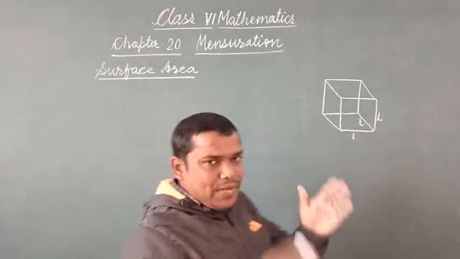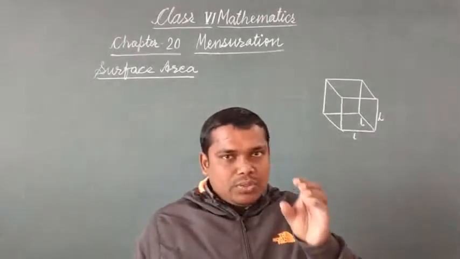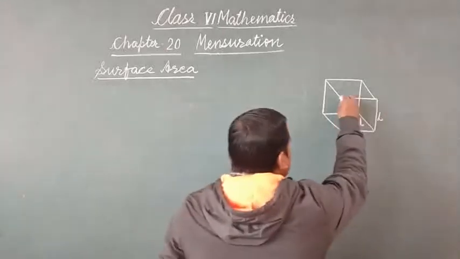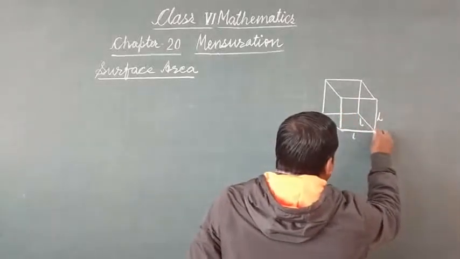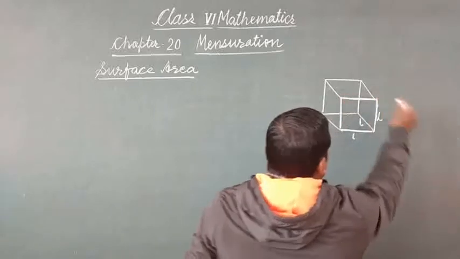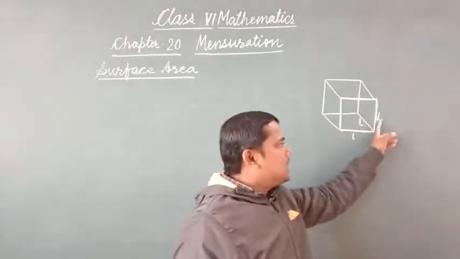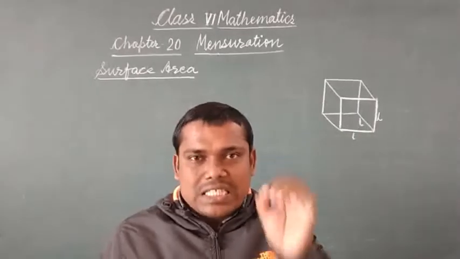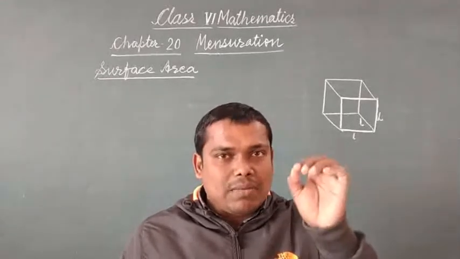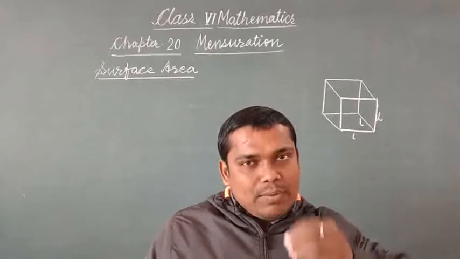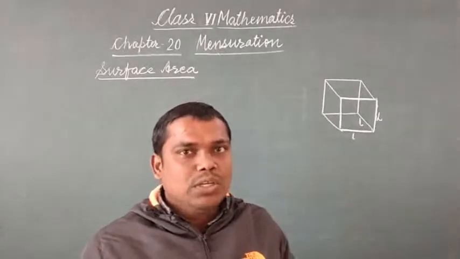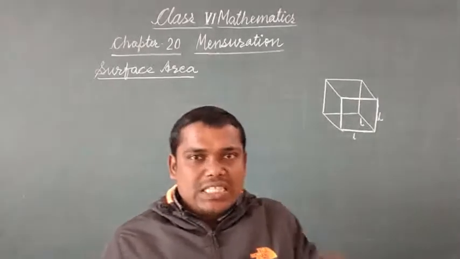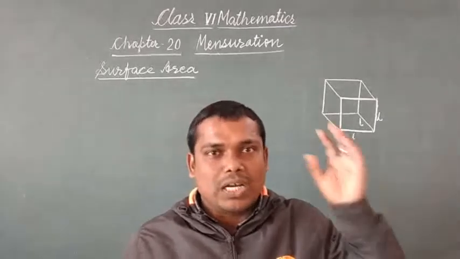Now, if we consider any one surface and calculate the area of that surface, it is just like a square having all its sides of equal length, L into L. So one surface area is length multiplied by length, that is L square. And we have a total of 6 identical surfaces in a cube. So the total surface area of a cube is equal to 6 into L square.